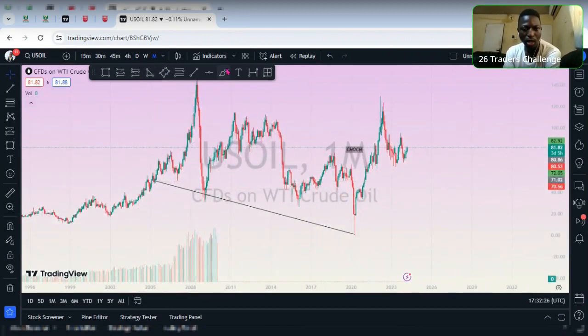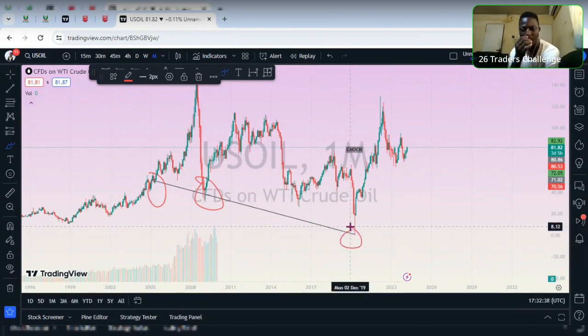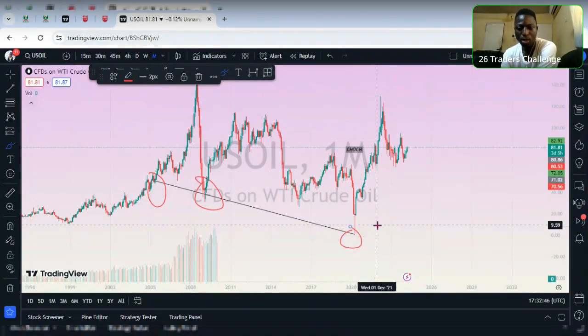Let me mark it out. So we had a lower low here. We had a lower low here. We had another lower low here. Then we had another lower low here. So this market was on a downtrend up to this point. But something has changed.